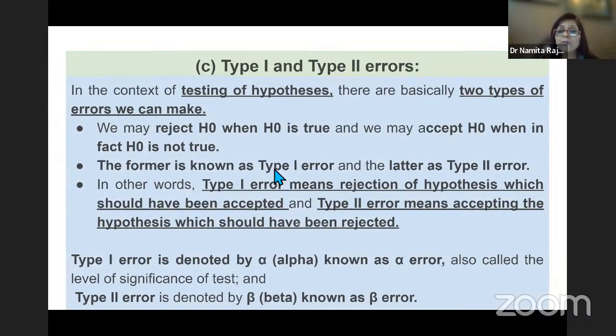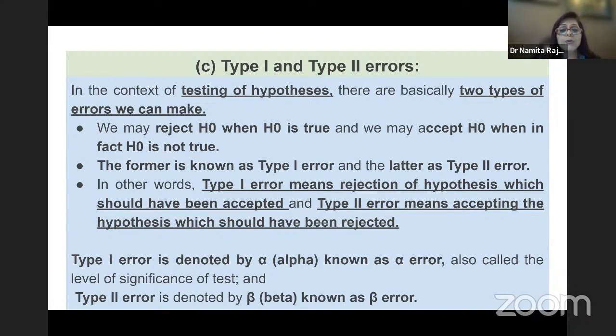There are two types of errors which I would like to mention here, type 1 and type 2 errors. In the context of testing the hypothesis, there are basically two types of errors. We may reject H0 when H0 is true, and we may accept H0 when in fact H0 is not true.